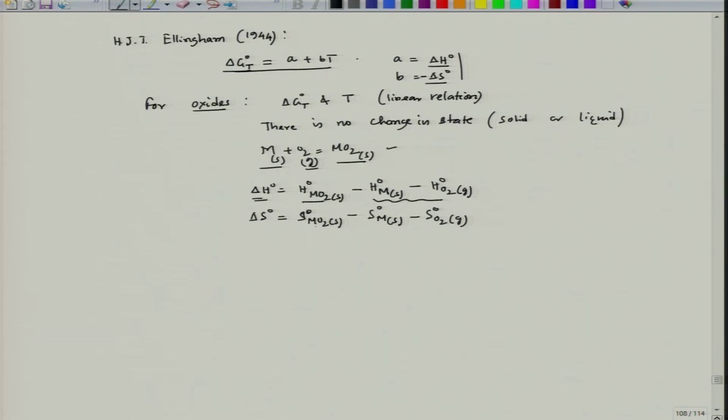Now, if we see the values of these two quantities, they are almost equivalent since they are solid state and their entropy is very low. But in comparison, the entropy of oxygen gas is very large compared to S 0 of MO2 solid.